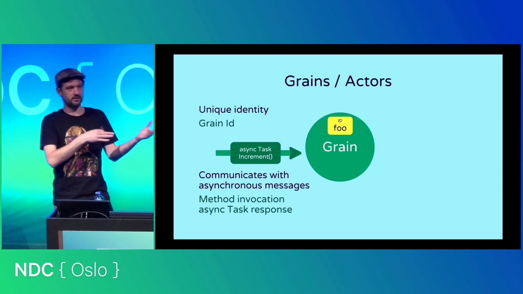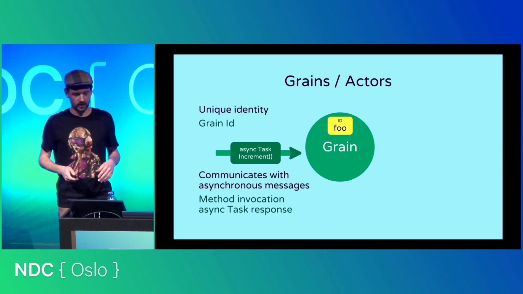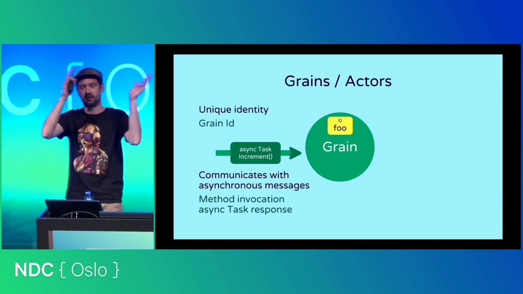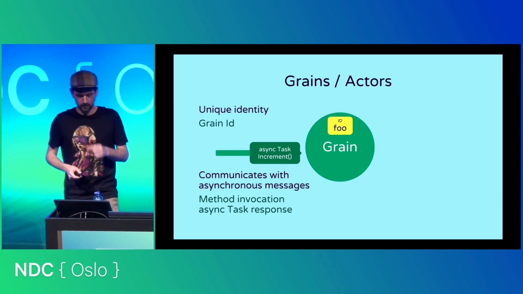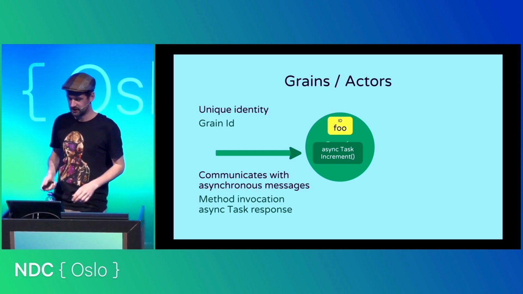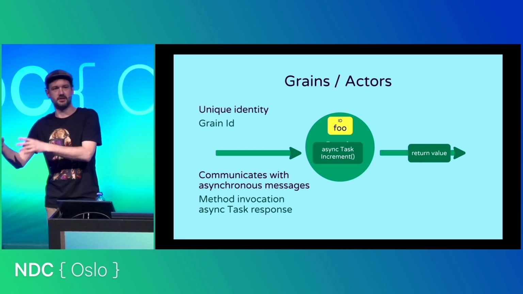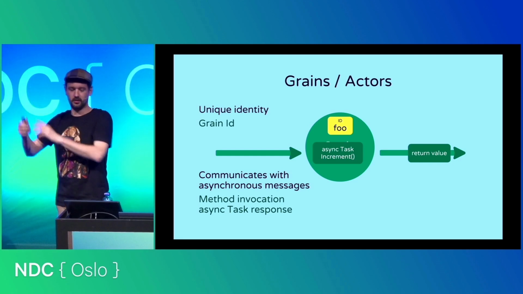So async task, and then a response, for example, async task increment. So it will execute that message, that method invocation, and then if we do a return, that's also a message back to the caller.